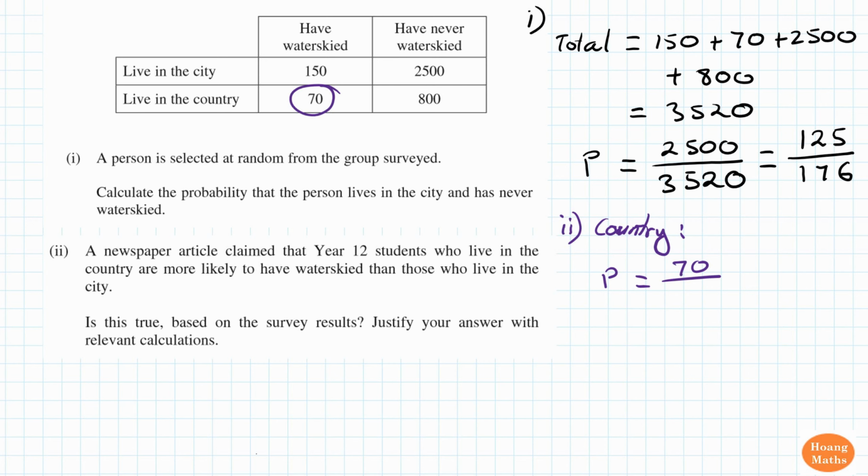So what's the percentage of people in the country who water ski? So we just need to find a total. So 70 plus 800 is 870.